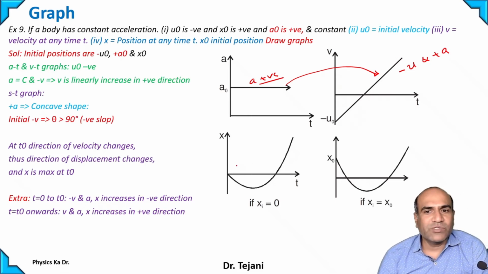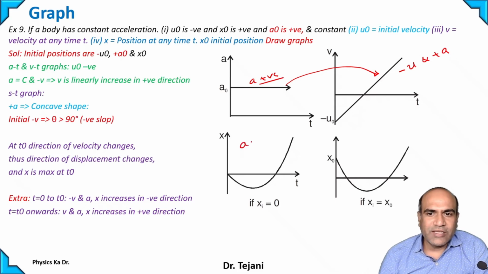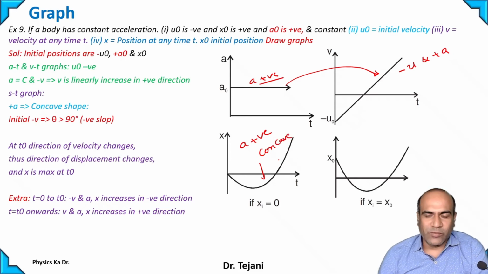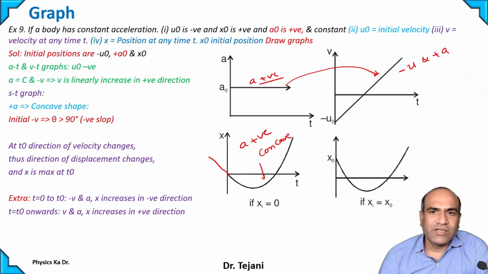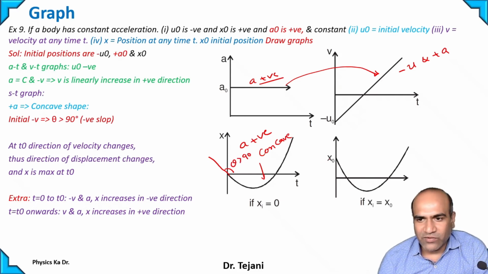Then next, if you want to identify the shape, a is positive, so it is concave. And we just need to move in this direction: initial u is negative, that means theta must be greater than 90 degrees, and therefore this is the x0 starting point.